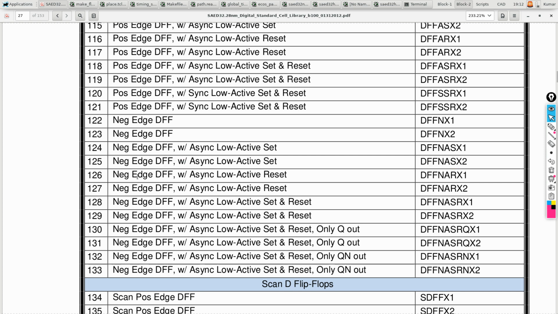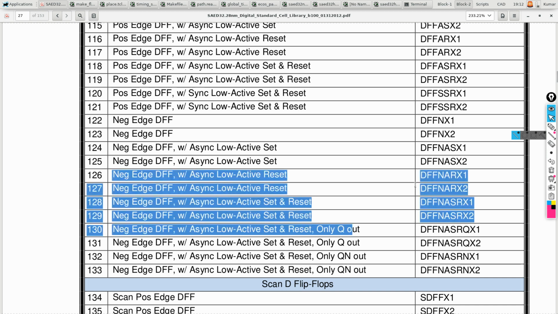Now, how is this going to be picked, or on what basis would this be picked? If you look at your RTLs, they will have always at something.